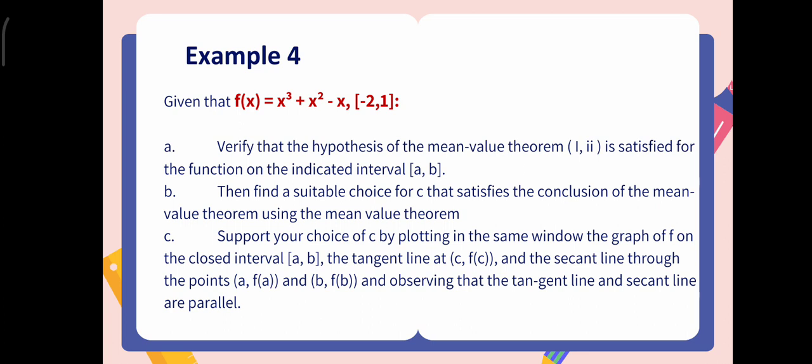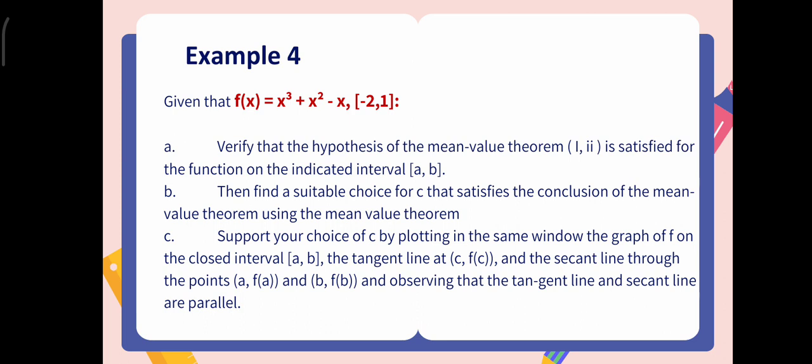Our task here is, first, let us verify the two hypotheses of the mean value theorem in the interval a, b. Then let us find a suitable choice for c that satisfies the conclusion of the mean value theorem.